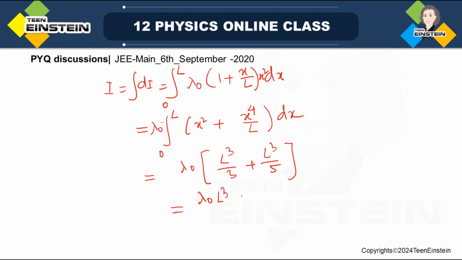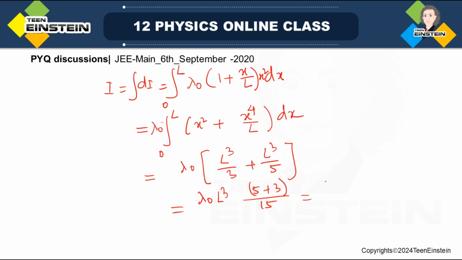L cube 1 over 15, and this is 5 plus 3. This is 8. 8 by 15.